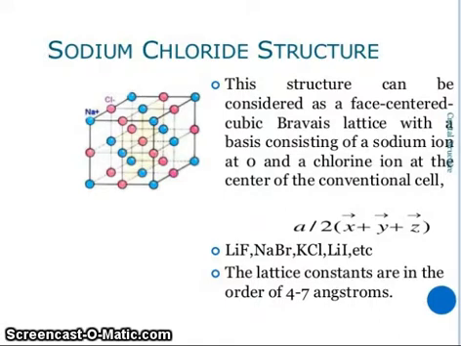Examples are lithium fluoride, sodium chloride, sodium bromide, potassium chloride, lithium iodide, etc. The lattice constants are in the order of 4 to 7 angstroms.